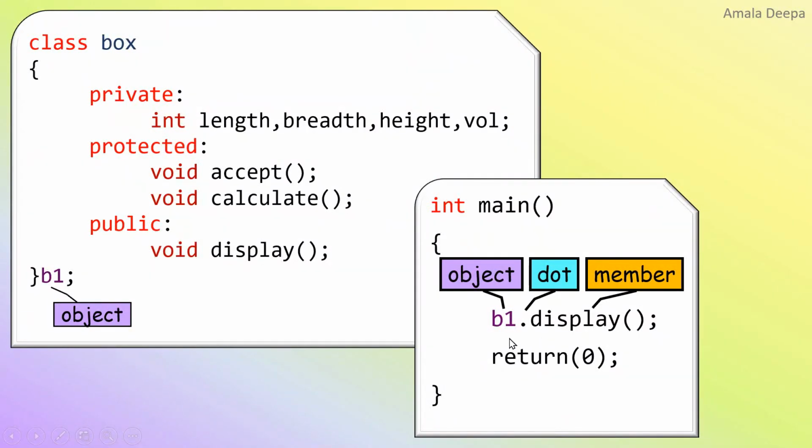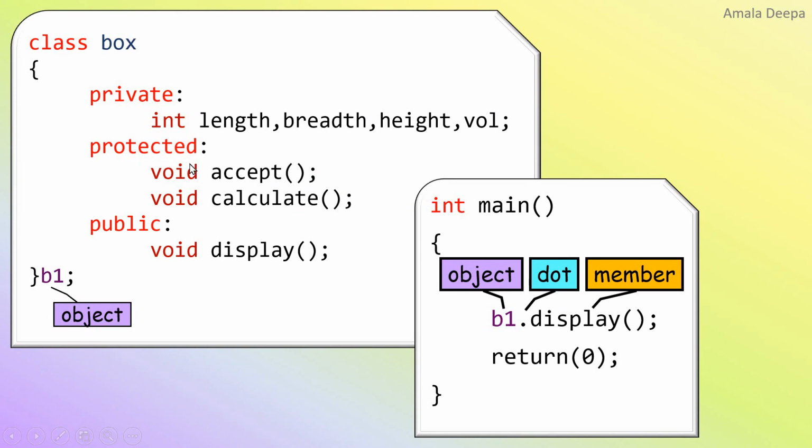Also notice that here I have accessed only the display member function of class box. I didn't write b1.accept or b1.calculate. This is because accept and calculate are under protected access specifier.